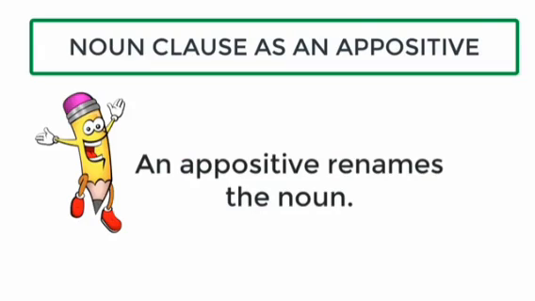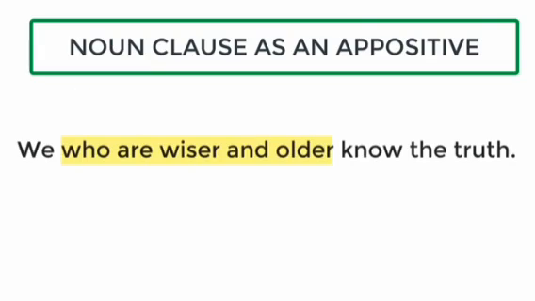Okay, a noun clause as an appositive. Appositives name or rename things. Let's see an example: we who are wiser and older know the truth. Who are wiser and older is describing we.